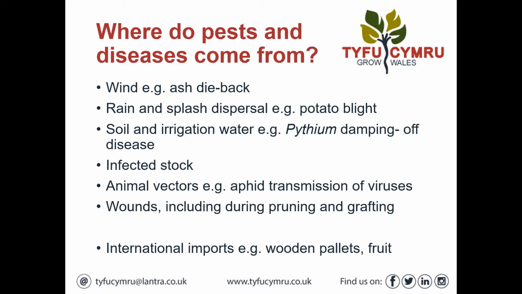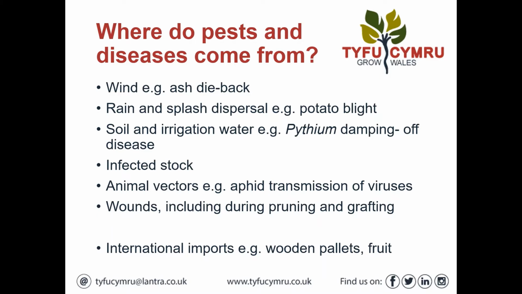So, where do pests and diseases come from? Well, they might come from wind, and an example of a wind dispersed problem is ash dieback. There's rain and splash dispersal, and potato blight is spread in that way. The pathogen might come in irrigation water or on soil.